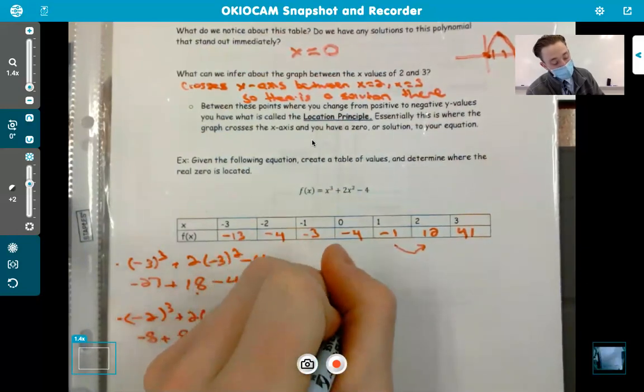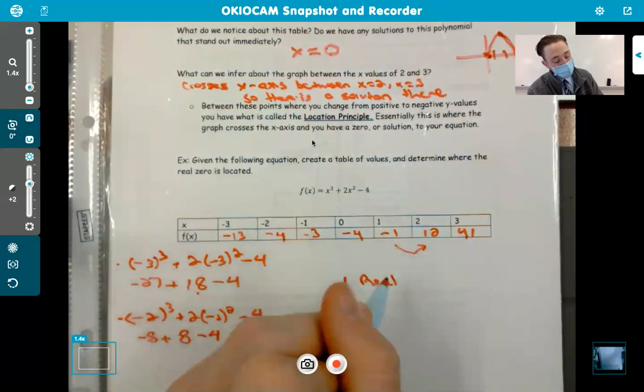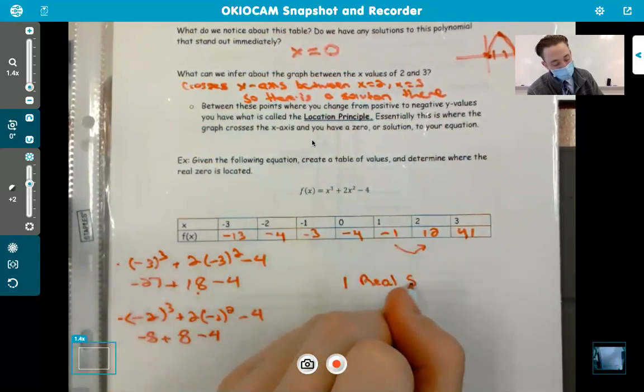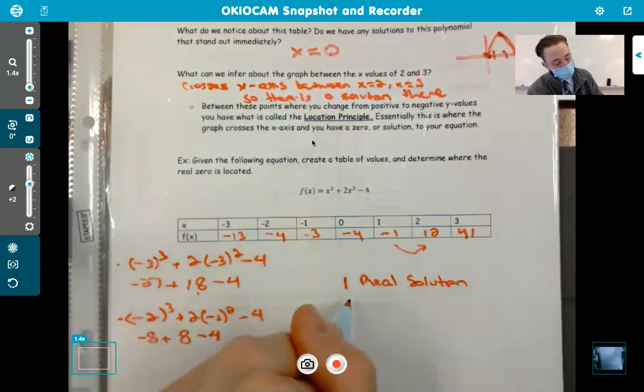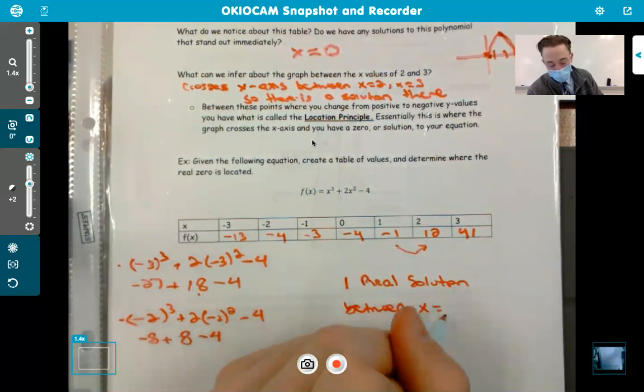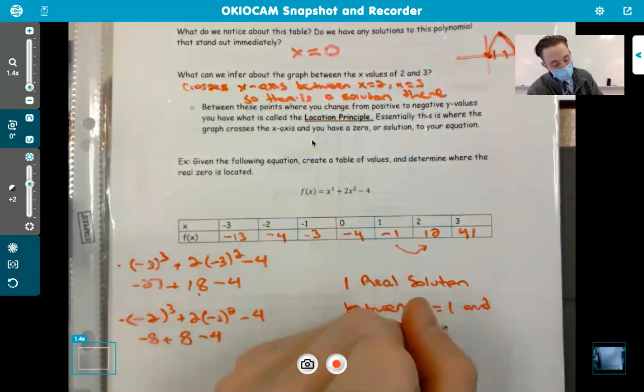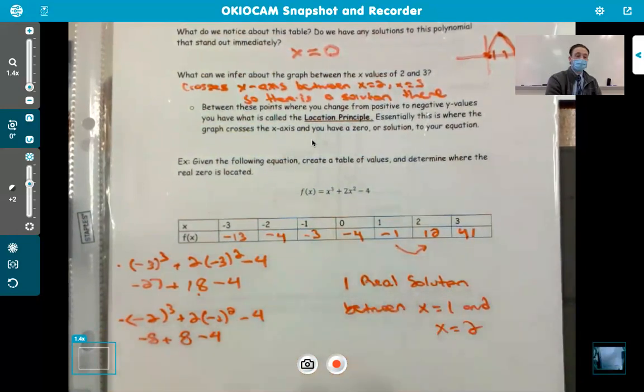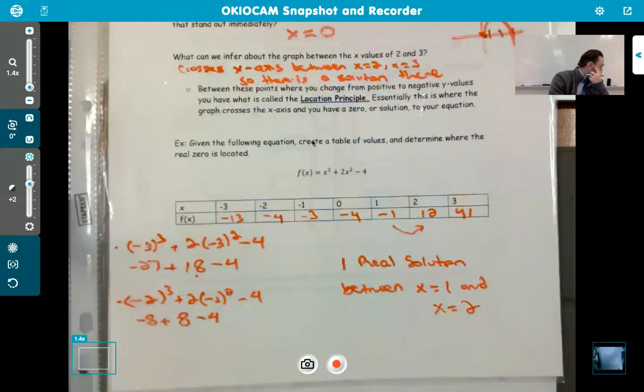So I'll say, just based off this table of values, I have one real solution between x equals 1 and x equals 2. Just looking to see where I go from a negative number to a positive number or from a positive to a negative. Okay?